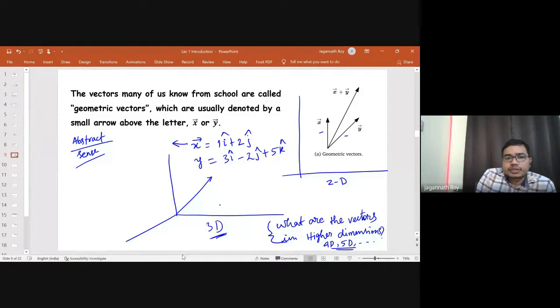What we'll do is write x as (1, 2) and y as (3, -2, 5).